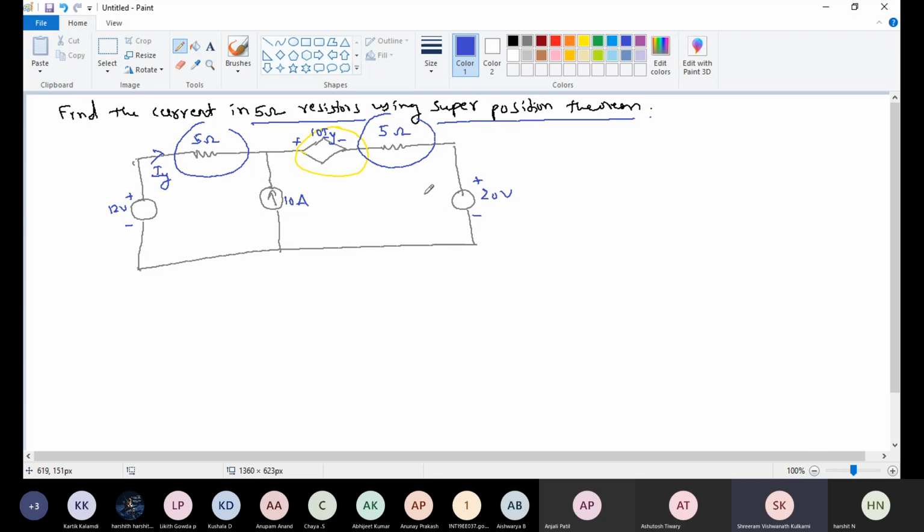Now what are the steps? We need to consider a single source acting, and depending upon that, calculate the current through both the resistors.